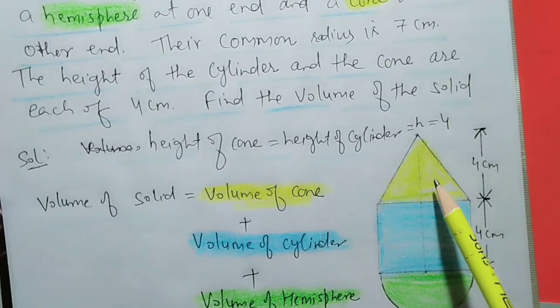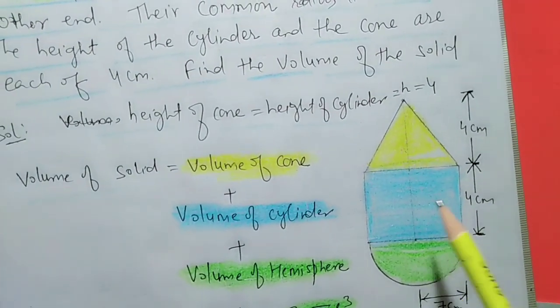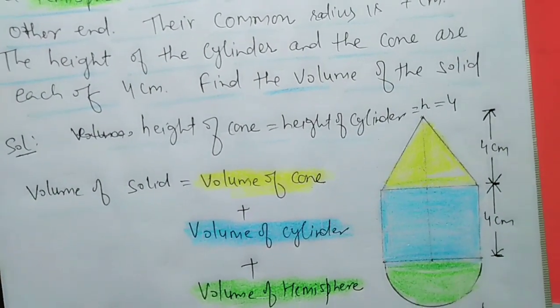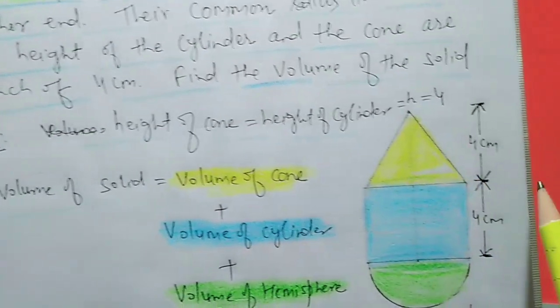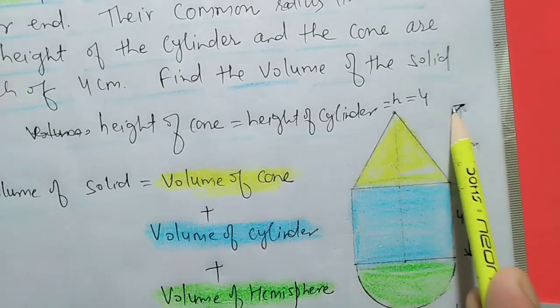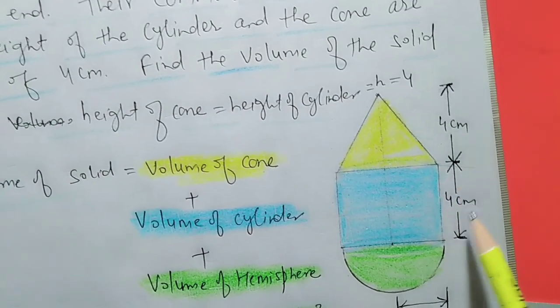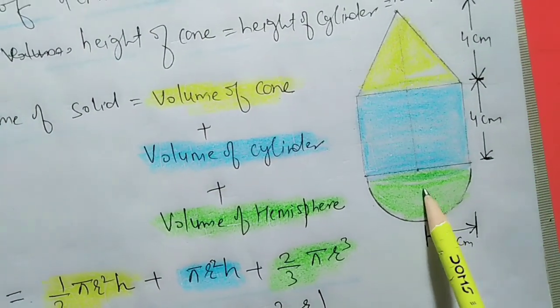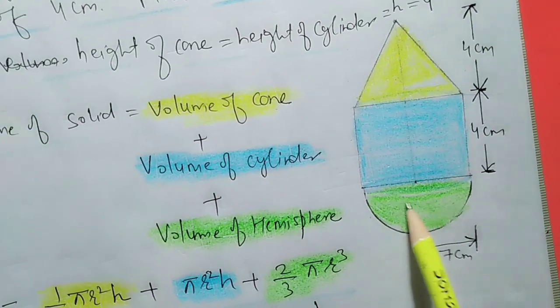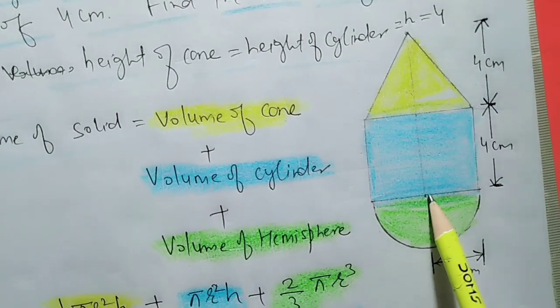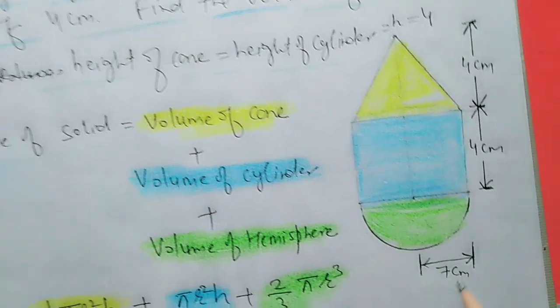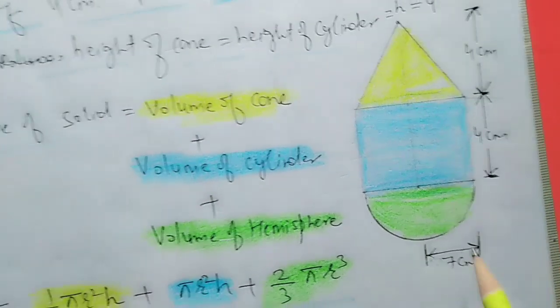So this is a combination of 3 solids: hemisphere, cylinder and cone. The height of the cone is 4 and the height of the cylinder is 4, and the radius is common for the hemisphere, the cylinder and the cone, which is 7 centimeter.